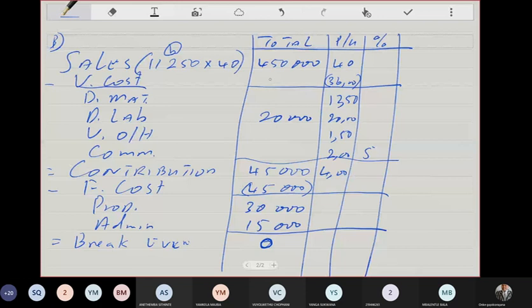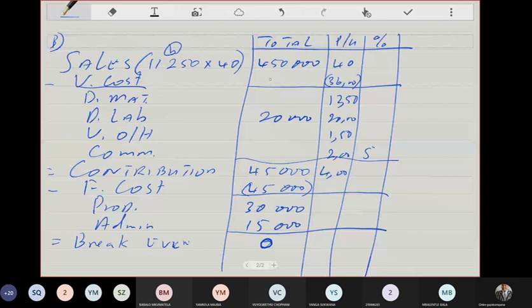If, guys, you decided to do it one by one, you'll need to take out this 20,000, because this 20,000, remember, it was based on how many units? 1,000 units. But now we've changed the number of units from being 1,000 to 11,250. So you'll have to make some changes on that.